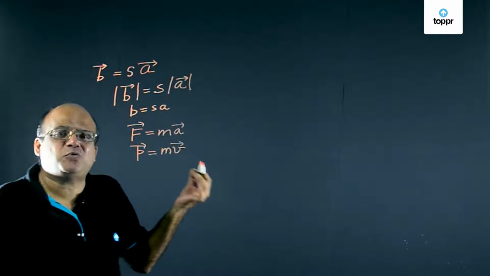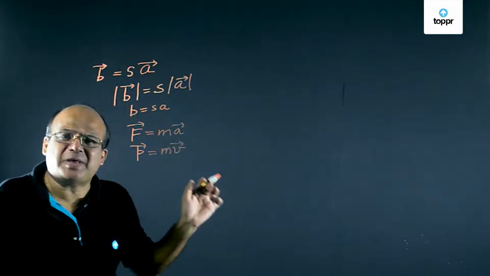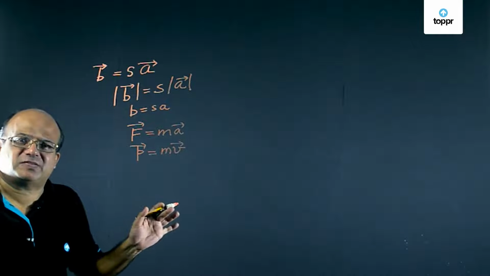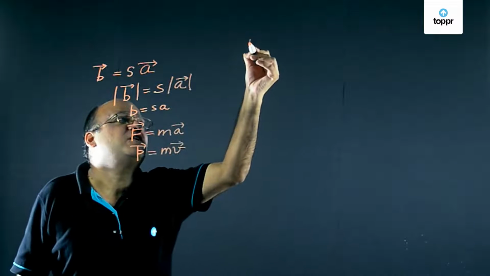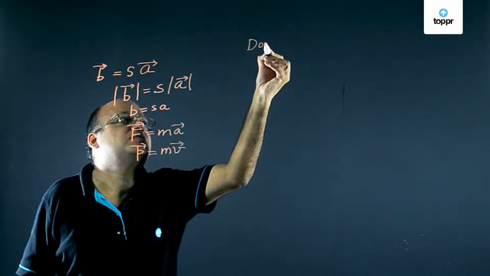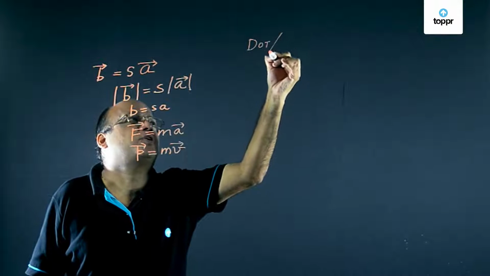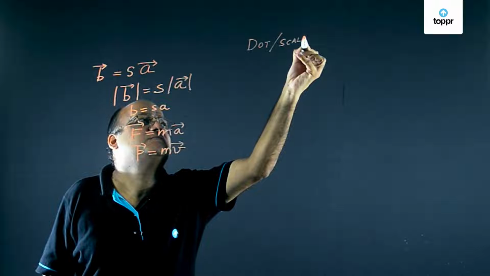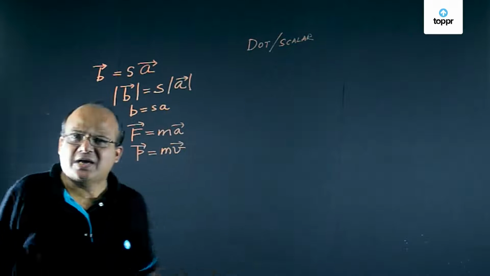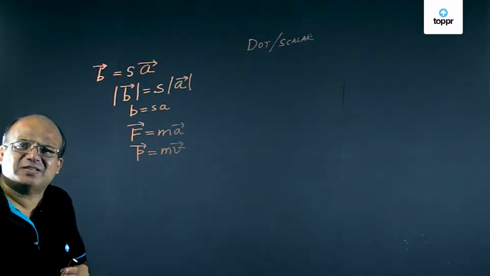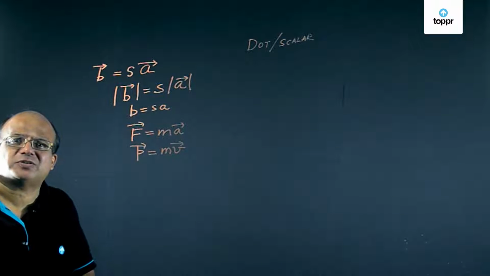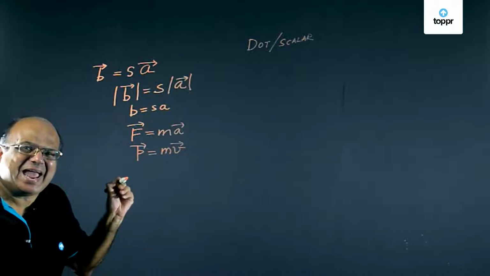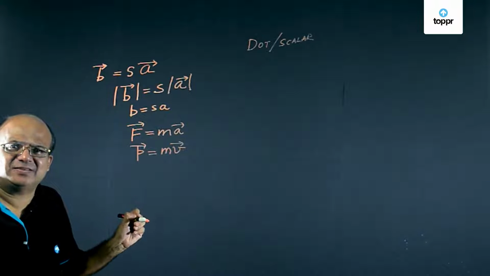Now we will multiply two vectors. For multiplying two vectors, there are two methods. First one is known as dot product, or scalar product, of two vectors. Now please understand that whenever we are doing dot product, the end result is a scalar.